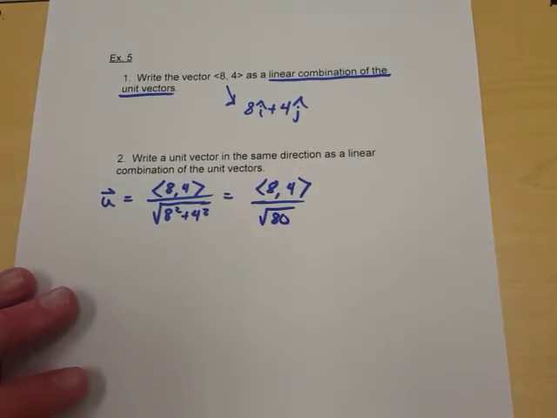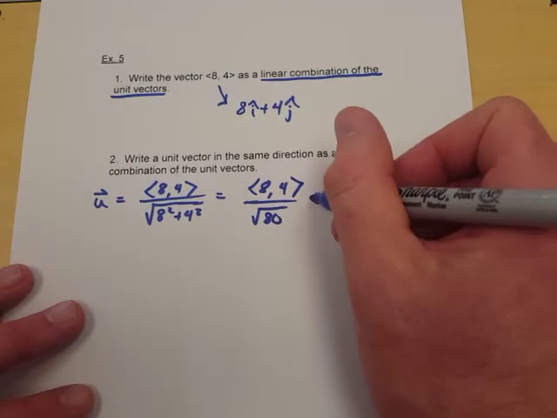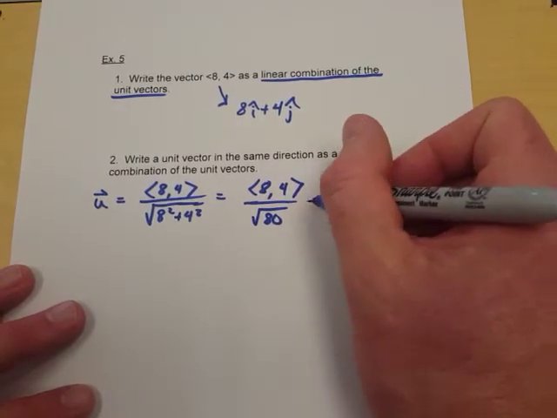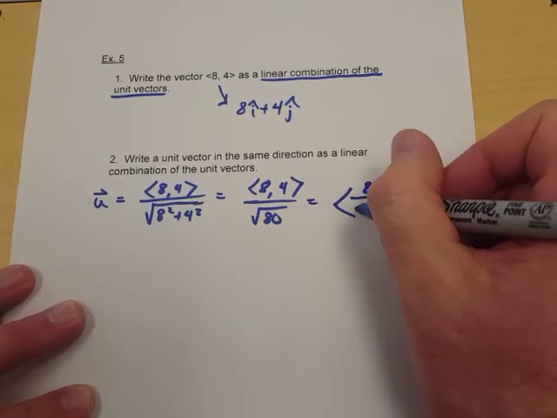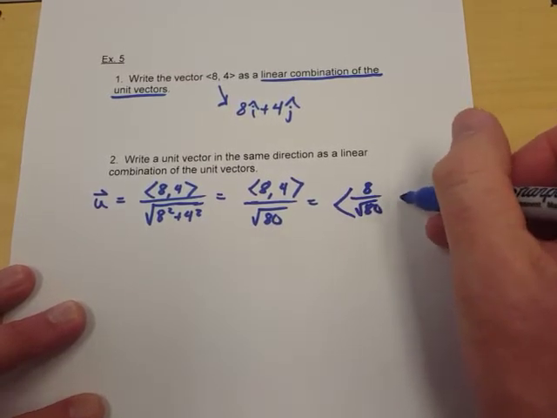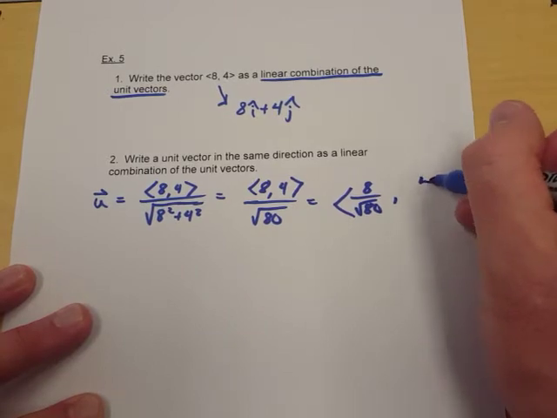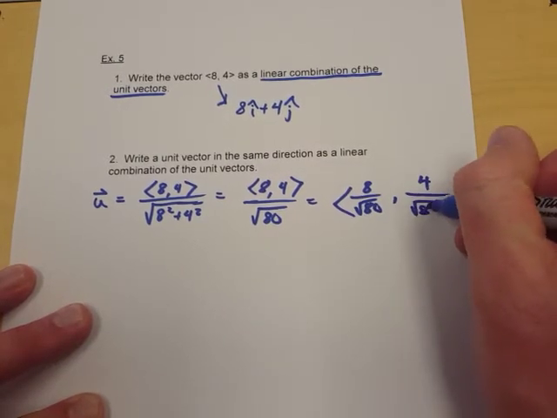And that'll simplify here in a little bit. We'll talk about that soon. So then we get this distributed: 8 over square root of 80, and then 4 over square root of 80.